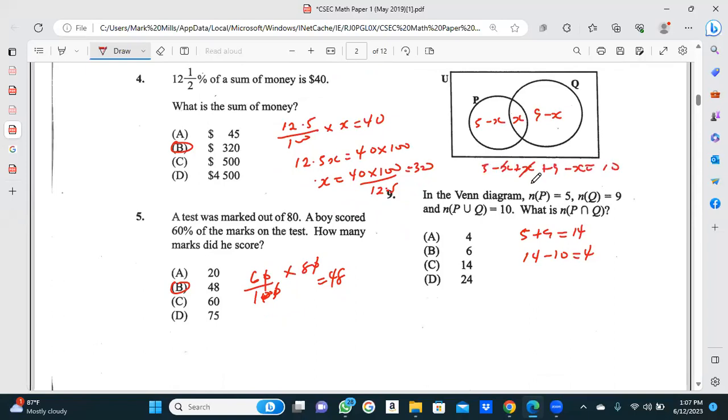So this and this cancel. So you get 14 minus X is equal to 10. Then you work it out. It would have been negative X is equal to 10 minus 14, so negative X is equal to negative 4. The negatives cancel, so X is equal to 4. Right. So there are 2 ways you can do it: a short method and a long method. Cool.